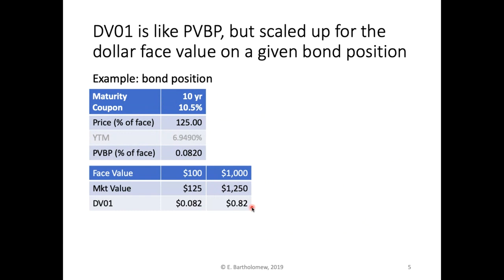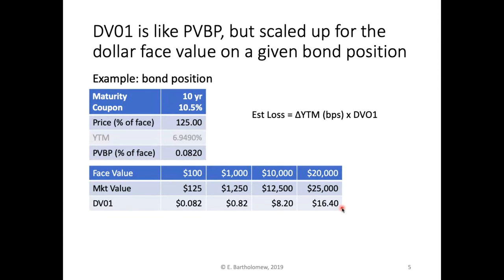So the DV01 would be 10 times larger, or 82 cents in this case. Multiplying by 10 again to $10,000, we get a DV01 of 8.20. And if we had a face value of 20,000, it would be twice that, so it'd be 16.40, representing 0.0820% times 20,000, giving us 16.40 as the DV01.